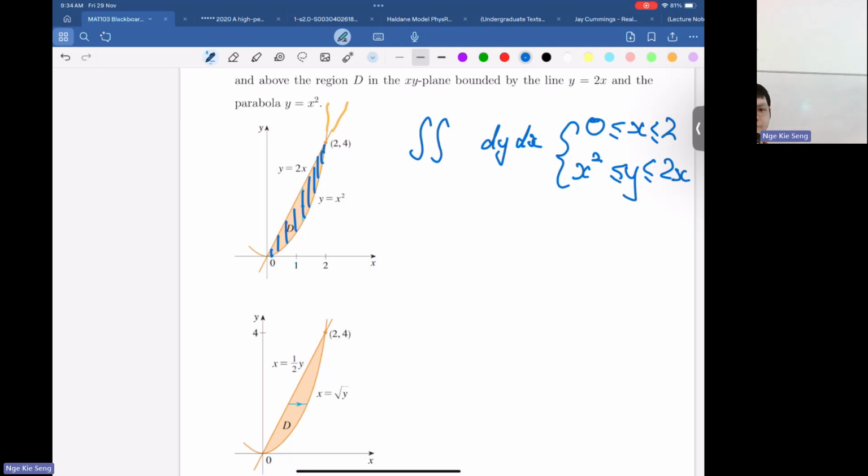So you can use an iterated integral on this domain. Does this make sense? It makes sense, because when you integrate over y, you replace y with x squared to 2x, and then you integrate with respect to x. You're left with a number in the end.